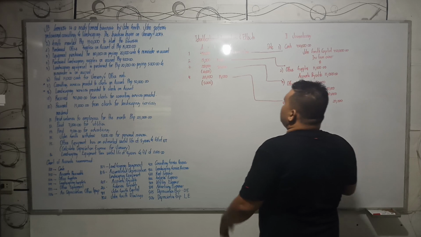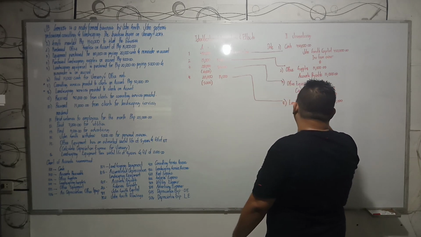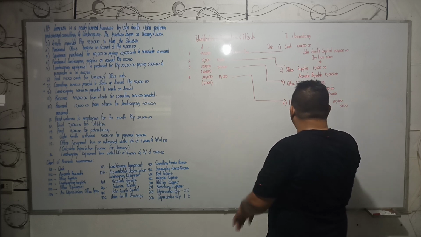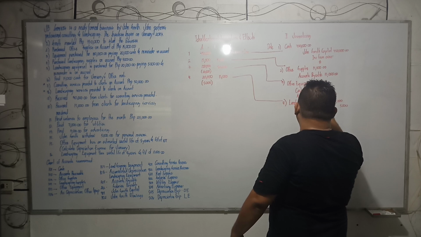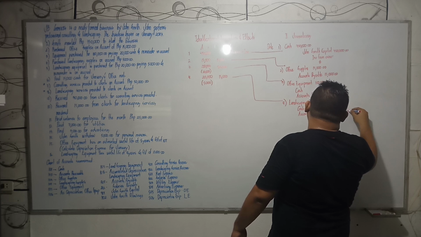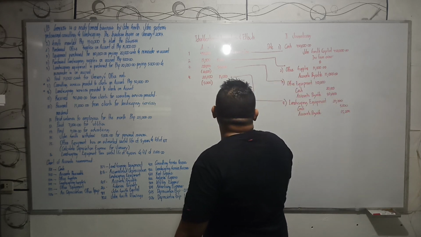And then you have to credit cash, 5,000. And again, accounts payable, 15,000. And that's it for transaction number 4.